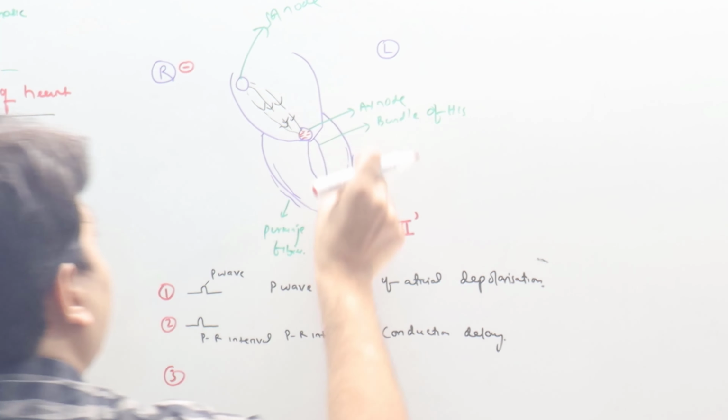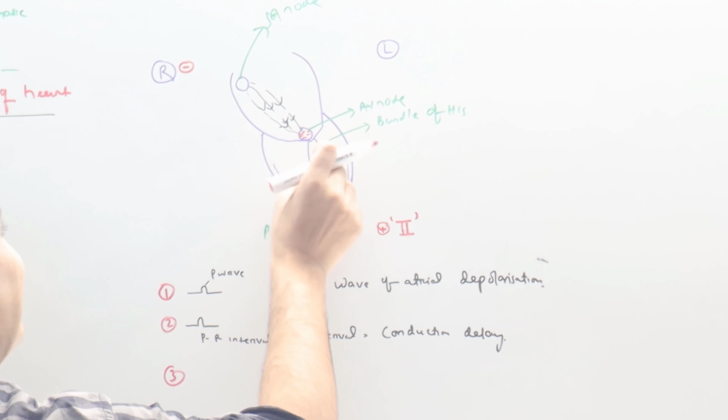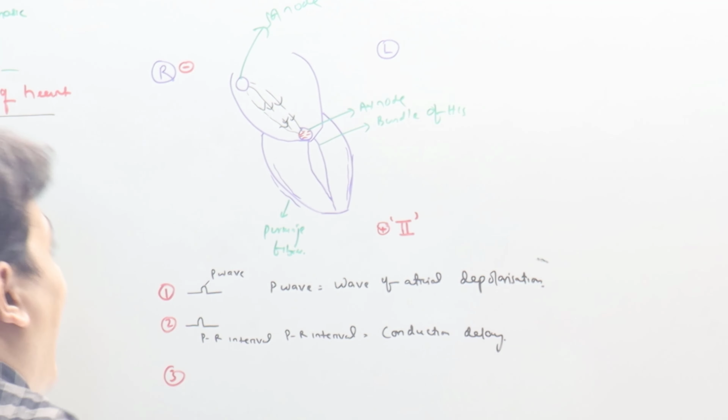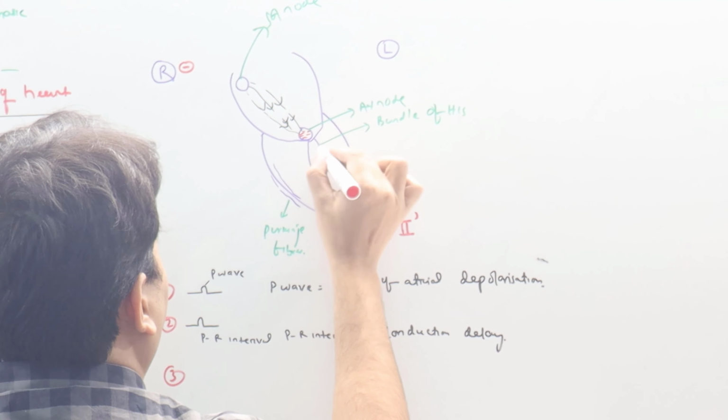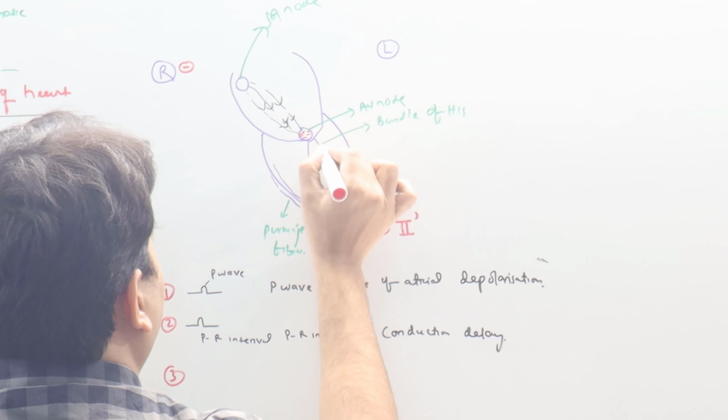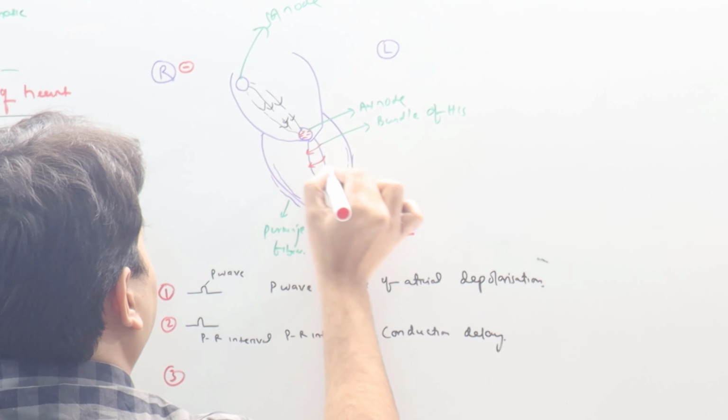and then the bundle of His gets energized. So what will happen in the bundle of His? First, the septum will depolarize from left to right. This is the left side. So from left to right, it will depolarize.